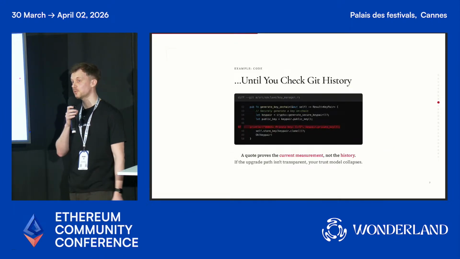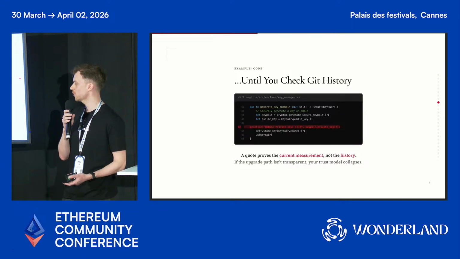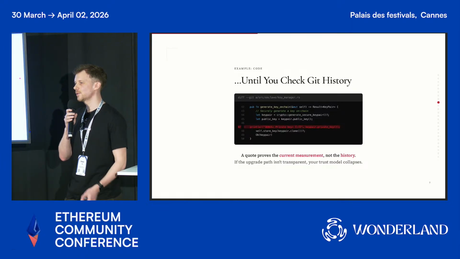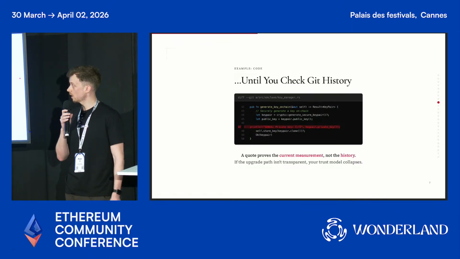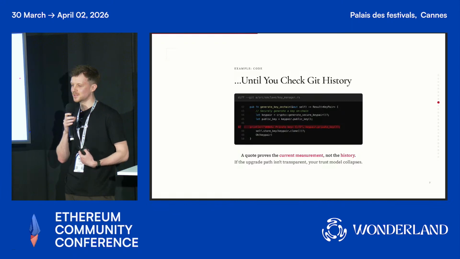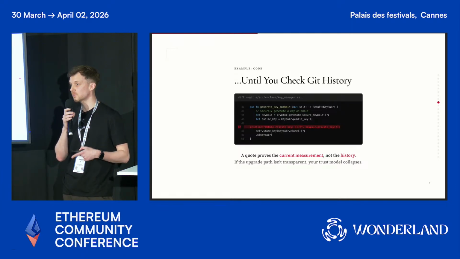Because maybe you check the previous version of the code and maybe it had a bug where it leaked the private key out, or maybe it had a debug statement that was left in. This is a toy example, but it showcases that it's not enough to just verify the current version of the code, you need to be able to verify all the past versions of the code as well.